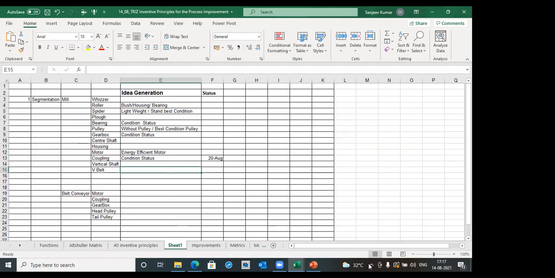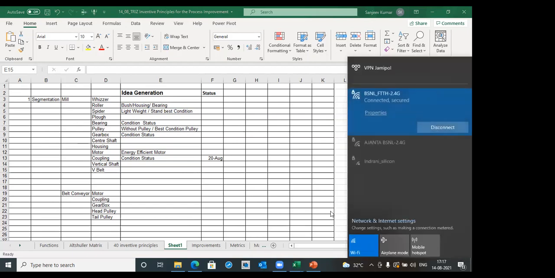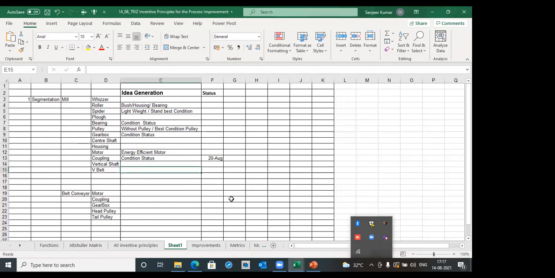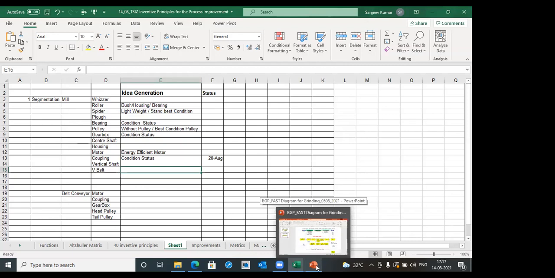Yeah, what is important here is whenever you go for a segmentation in the TRIZ inventive principle, the function is important. You need to ensure that whatever ideas you are going to create as an alternative to the existing process do not affect your function or the requirement. The requirement and the function should be met.